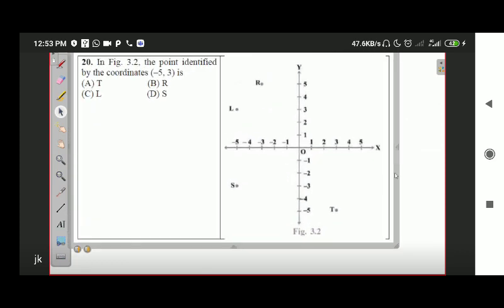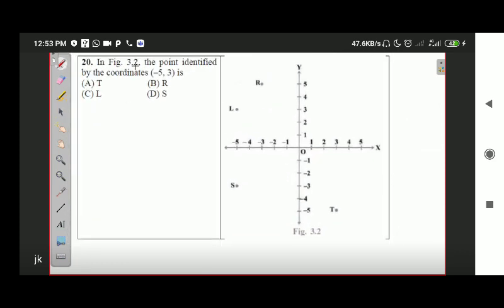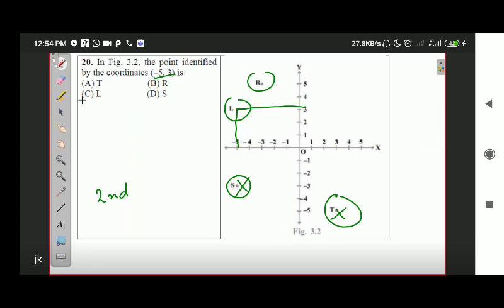In question number 20, what you need to do is identify, out of R, L, S, T, which point has the coordinates minus 5 comma 3. So first of all, minus 5 comma 3 will come in the second quadrant, so it is not S, not P. Okay, so minus 5 on the x-axis, and y-axis 3: this is L.